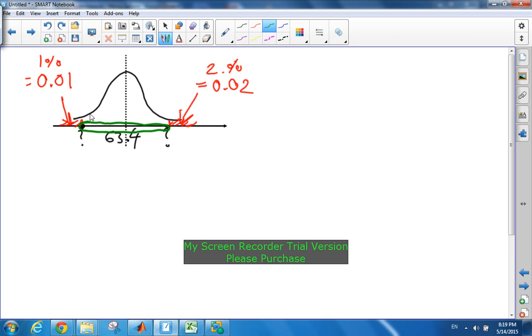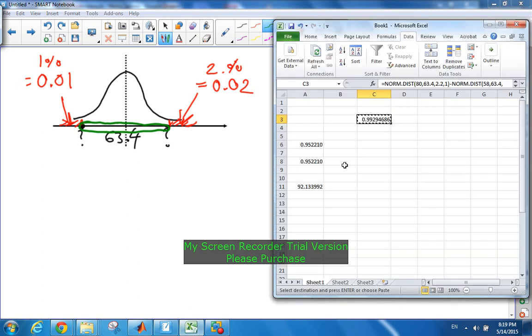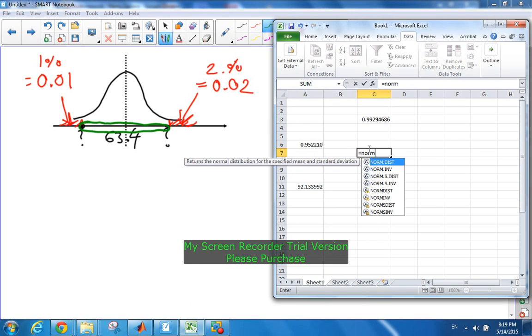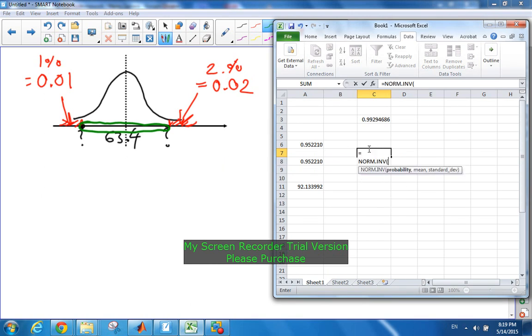So inverse cumulative probability 0.01, so equals norm dot inv of probability 0.01 and mean 63.4 and standard deviation 2.2, and that's it. Okay, all right, and so that's this number.